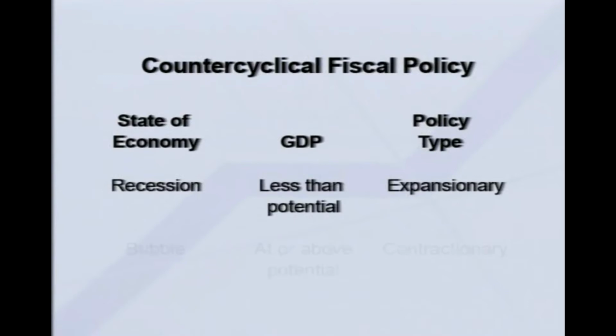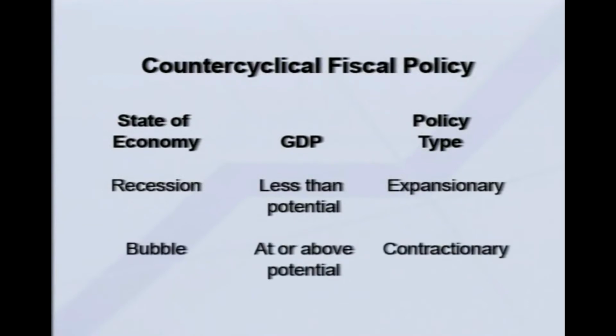On the flip side, if the economy is producing at or above its potential GDP, as the U.S. economy was probably doing during what we could now call the bubble economy of the late 1990s, then you could use fiscal policy to hold down aggregate demand and prevent inflation from occurring with too much money chasing too few goods. So fiscal policy can be used to address these cyclical issues moving back and forth in the economy.